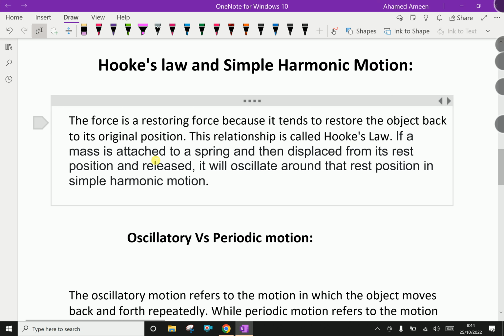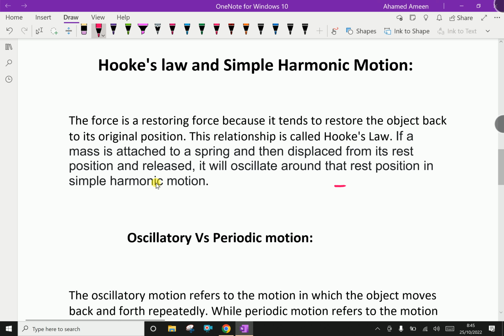If a mass is attached to a spring and then displaced from its rest position and released, it will oscillate around the rest position in simple harmonic motion. That is, we can say Hooke's law is F equal to minus kx.